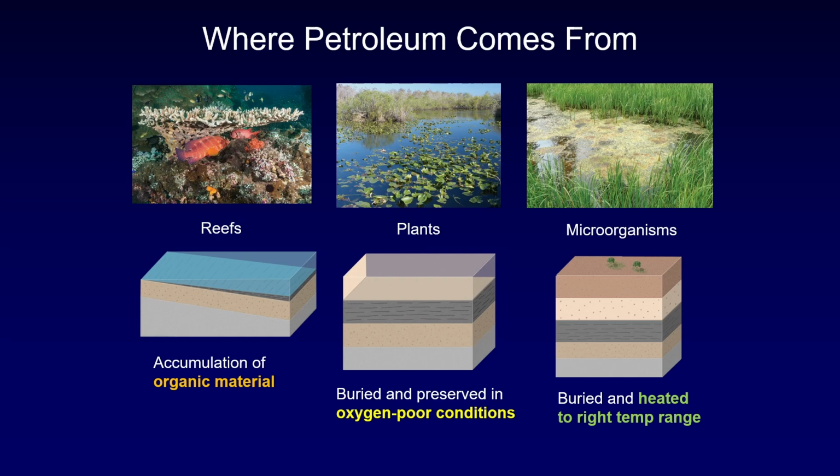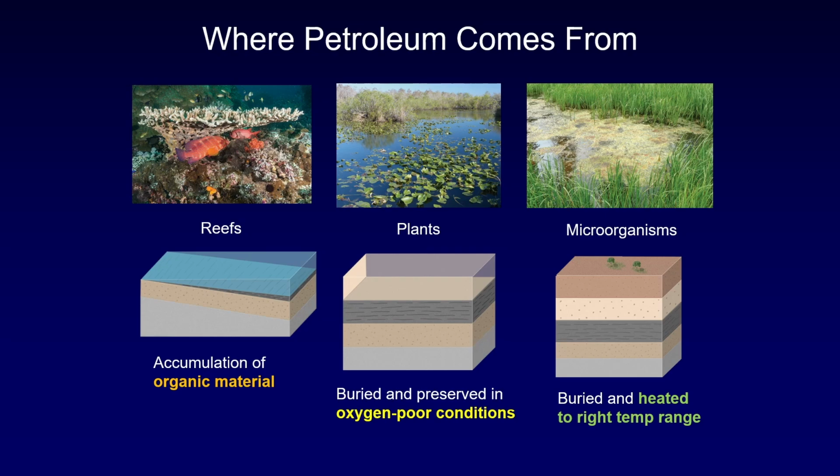And so in both of these situations, we're going to have plants and animals living. Those plants and animals are going to die, and their bodies are going to fall into this body of oxygen poor water, where the organic material will be preserved. It will become incorporated into a sediment, and that sediment is going to be the basis of us forming oil and gas.